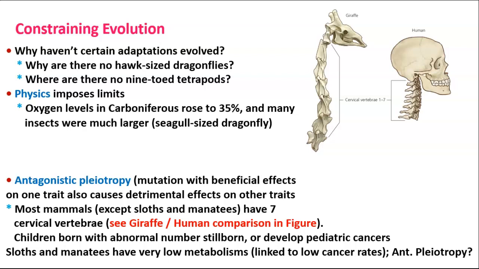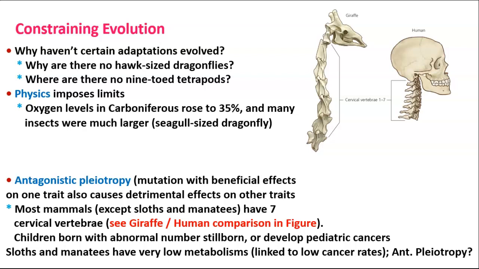And in fact, children, human beings born with an abnormal number of cervical vertebrae, are stillborn, are born dead, or they develop pediatric cancers and die early in life. Sloths and manatees, as it turns out, of course, have very low metabolisms.